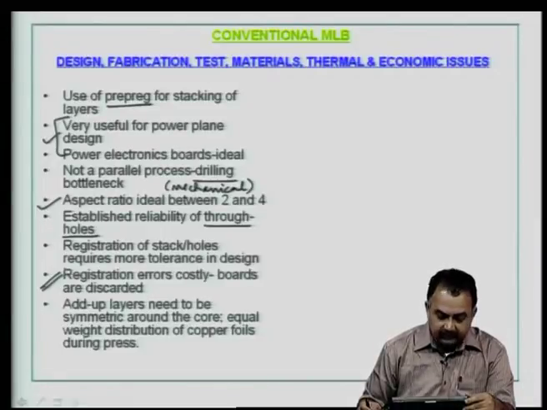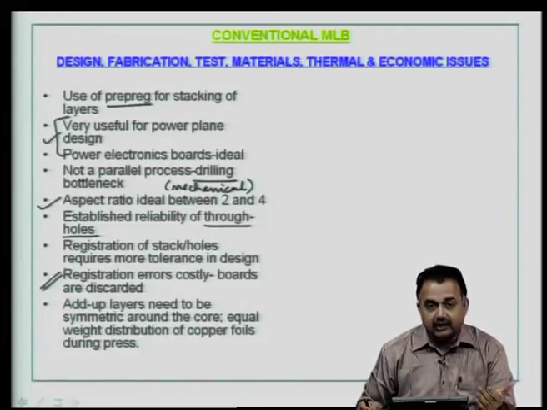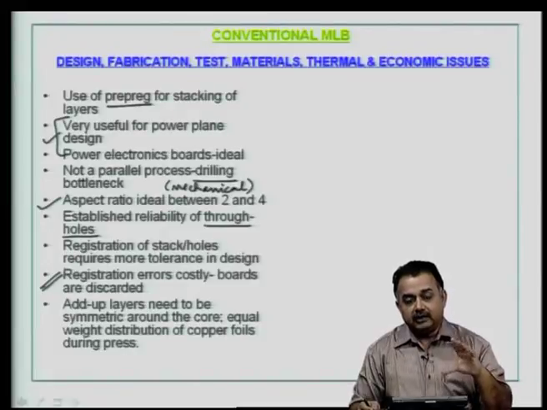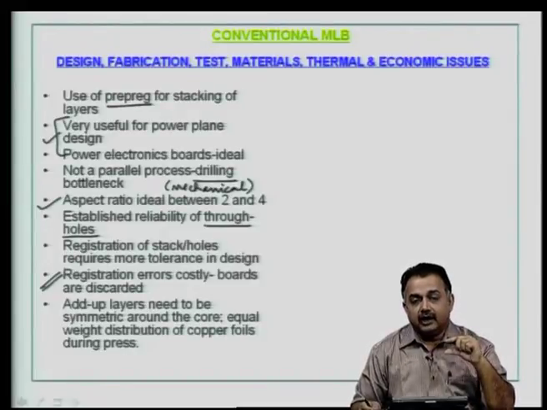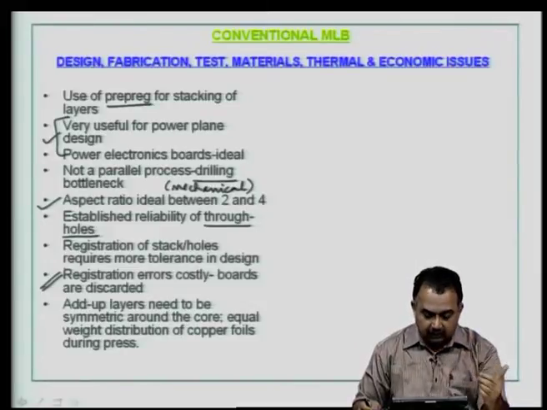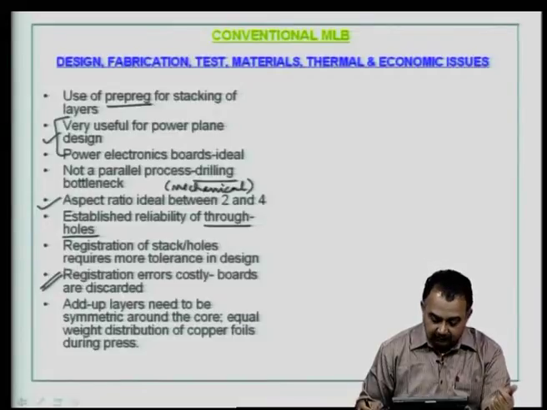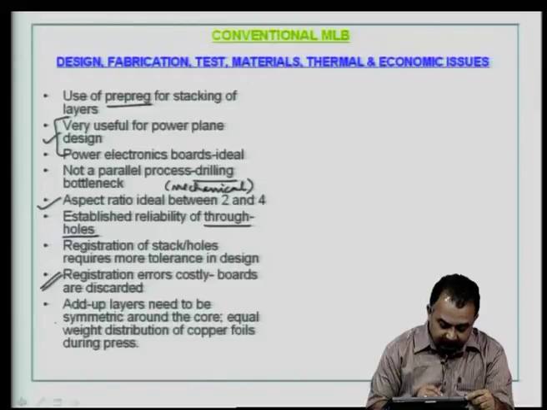Add-up layers need to be symmetric around the core, which is what we have emphasized in conventional multi-layer boards. If you take a 4-layer board, it means there is a 2-layer core and 2 layers are added, one at the top and one at the bottom, which need not be the case in a SBU HDI process, but in a conventional board it has to be symmetric around the core.